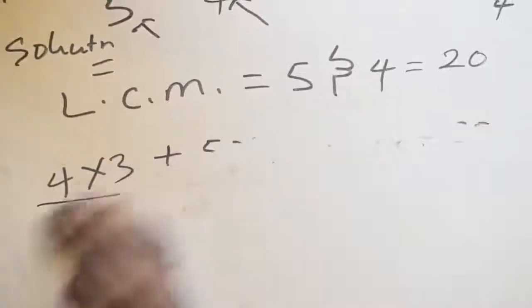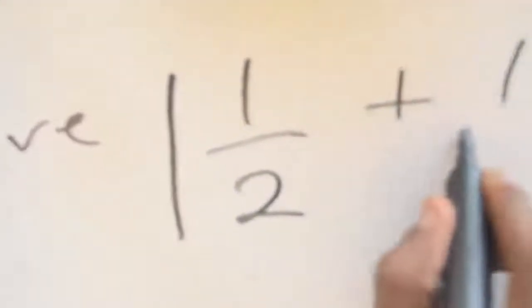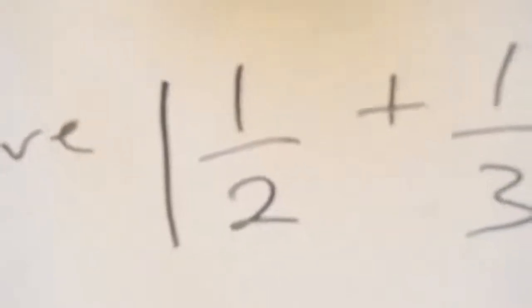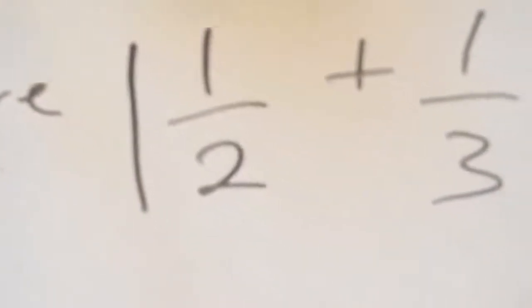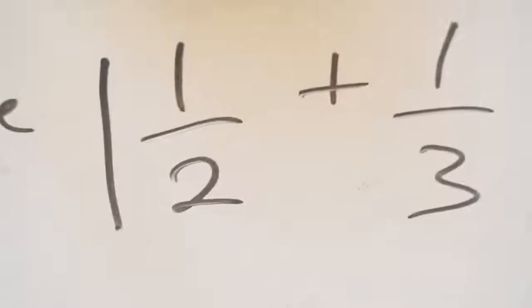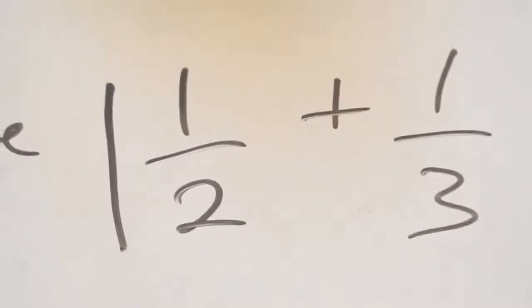So supposing you have a question in this format. A whole number 1, and 1 over 2, plus 1 over 3. They say you should solve this. Alright, so this will be the solution.